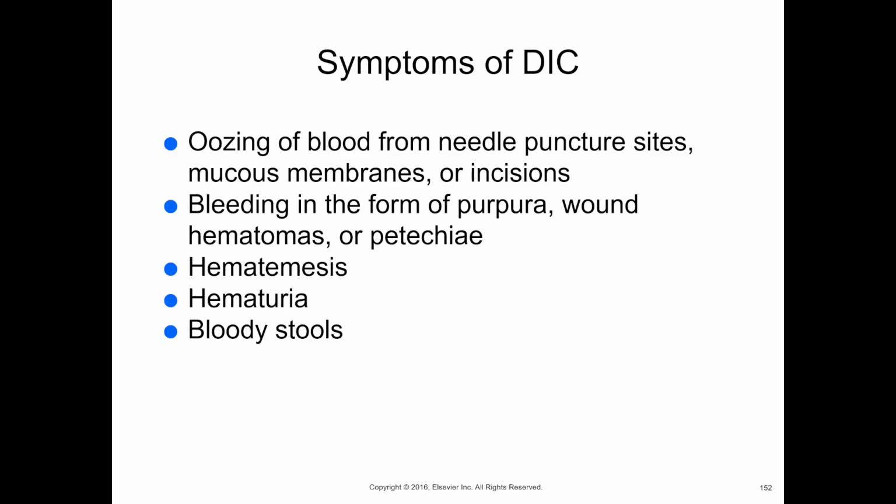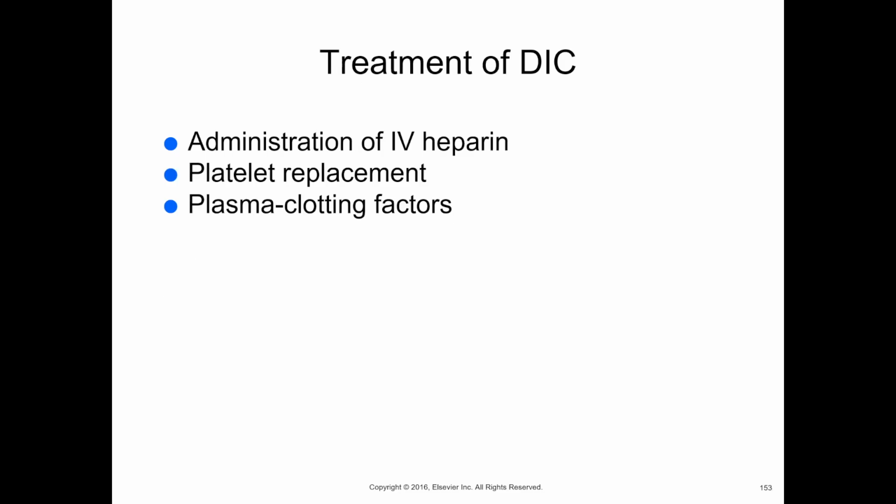They feel like they need more air, but their blood oxygen is not as bad as you would think. It typically follows things like obstetric complications, so issues related to childbirth, septicemia, trauma, large burns, and hypothermia.